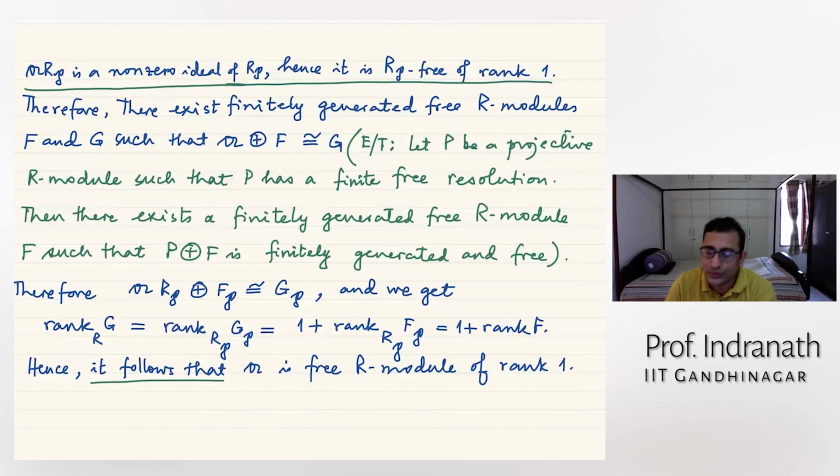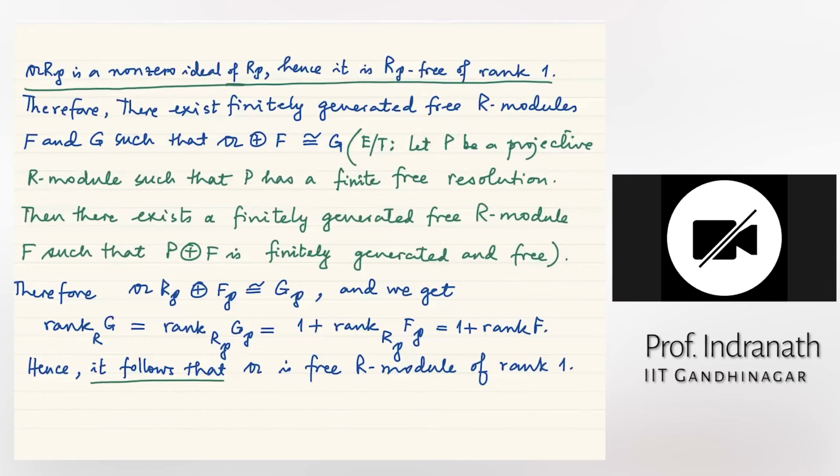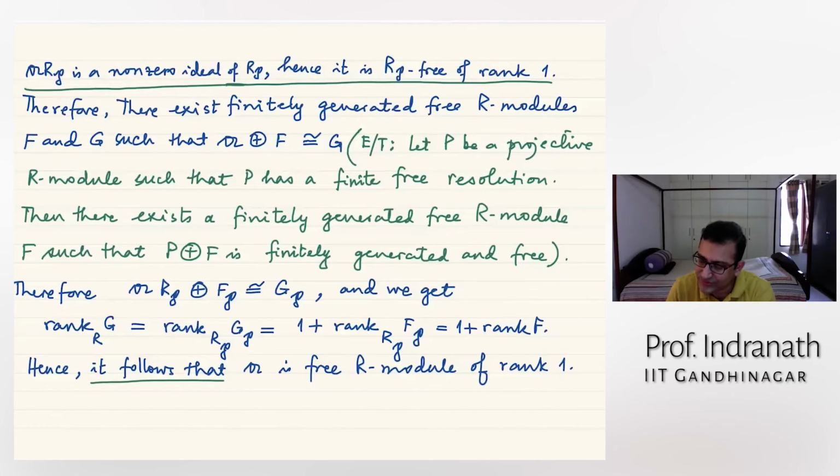So now you have the direct summand, and free R modules F and G such that you can write this. Again, I have put here that if you have a projective R module P which has a finite free resolution, then it is a finitely generated free R module.